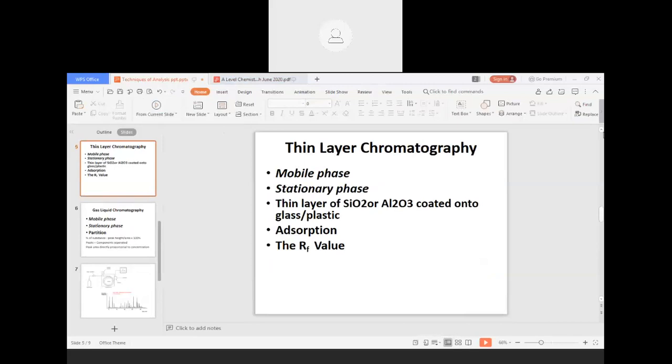We have to use the same solvent, and then we run the sample on the same solvent, and after that we check the RF value compared with the reference RF values.